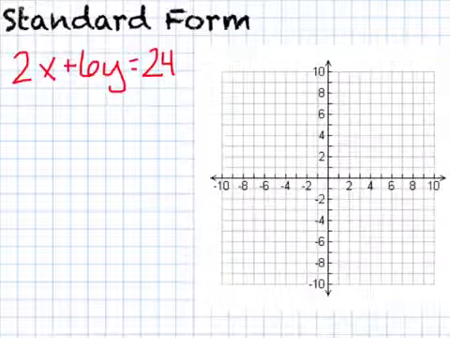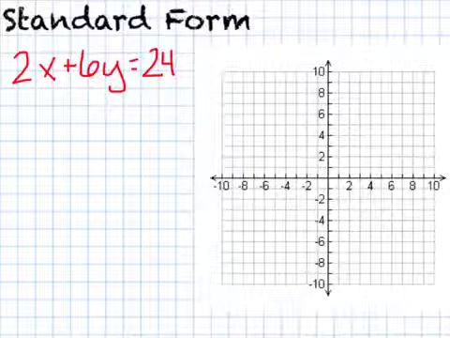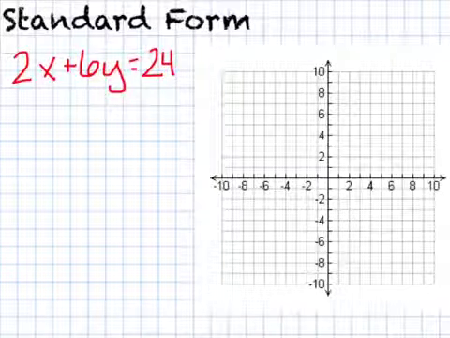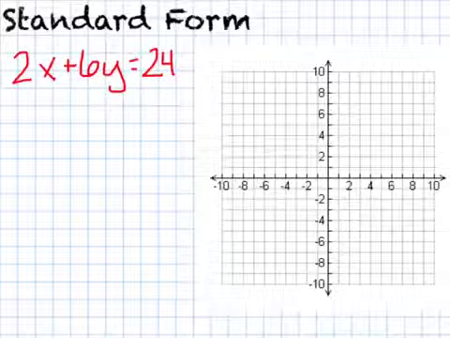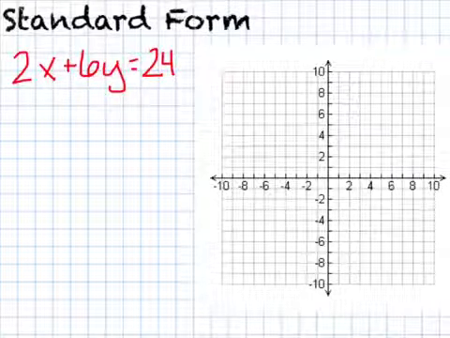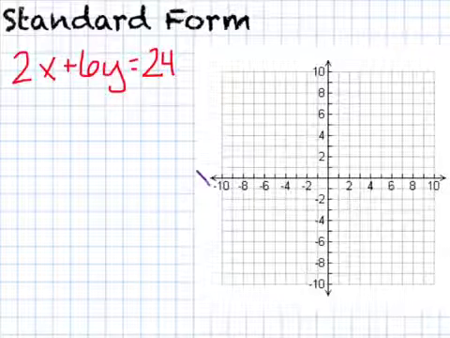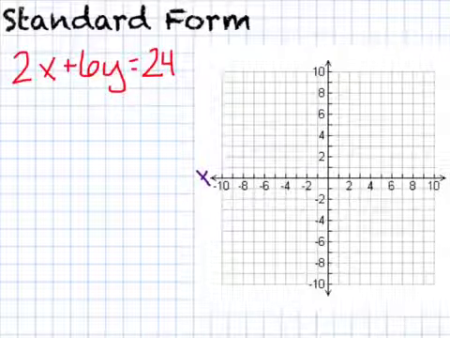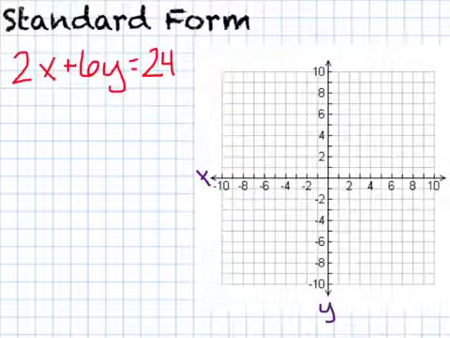So let's say we have the equation 2x plus 6y equals 24. In order to find the x-intercept and the y-intercept, we need to make one of the variables 0. Remember, horizontal axis is our x, vertical axis is our y.